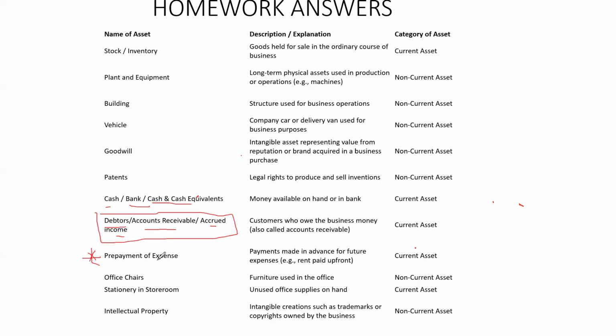So if I take an expense and I pay for it in advance, usually you find that under water, under electricity, under insurance, under advertising, those are usually the things that you pay for in advance. Insurance, advertising, electricity, water, rentals, you pay for them in advance. So if I pay for something in advance as a business, the money that I paid in advance is considered to be an asset to me as an organization.